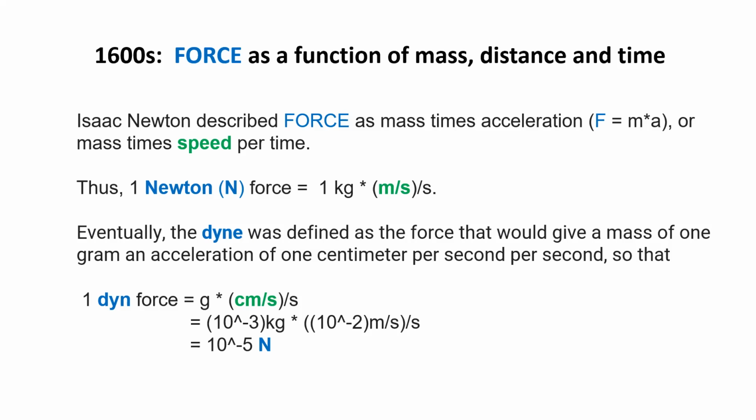Meter per second is a speed, so meter per second per second is an acceleration. Then they came up years later with the dyne, which is another unit of force, related to dynamo and dynamic, for instance. And you can equate the force of a Newton with the force of a dyne.